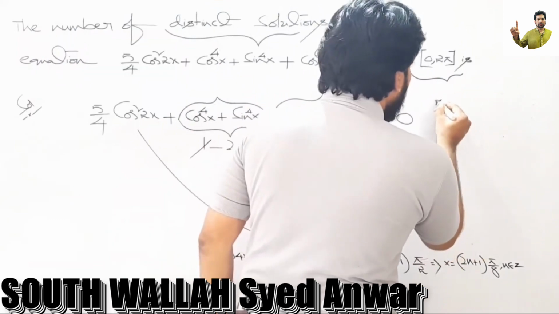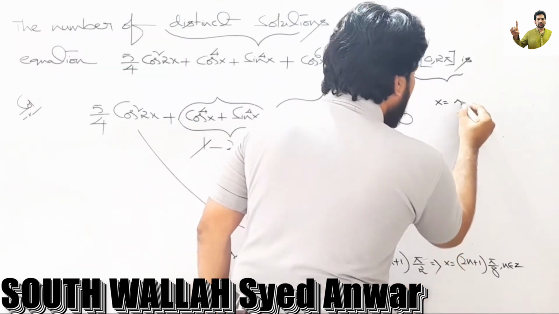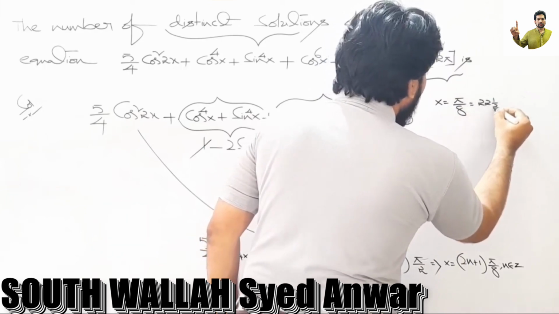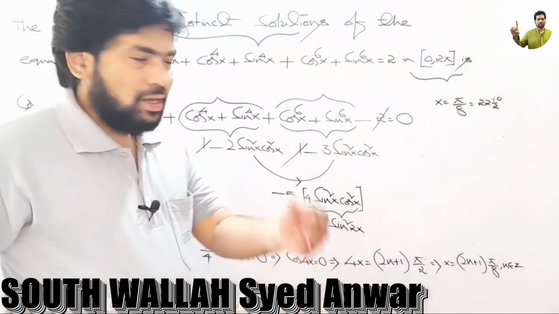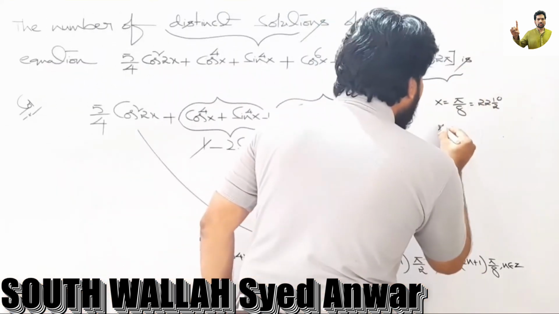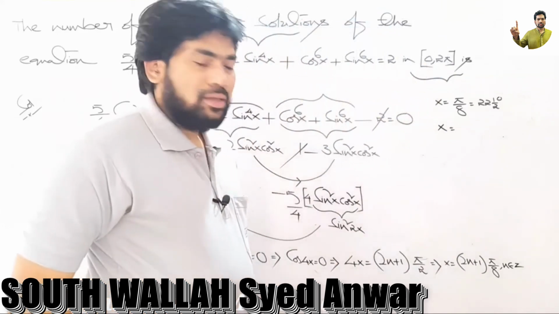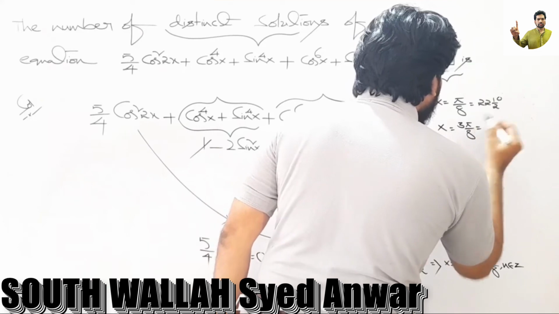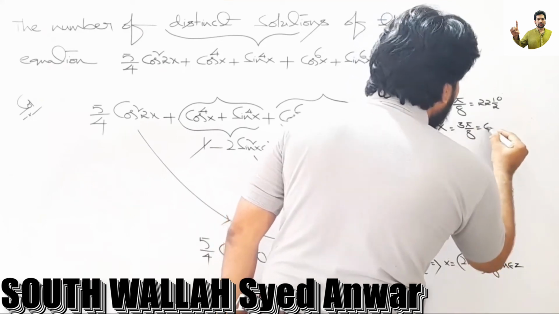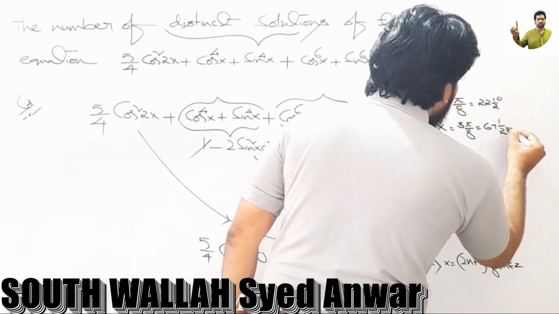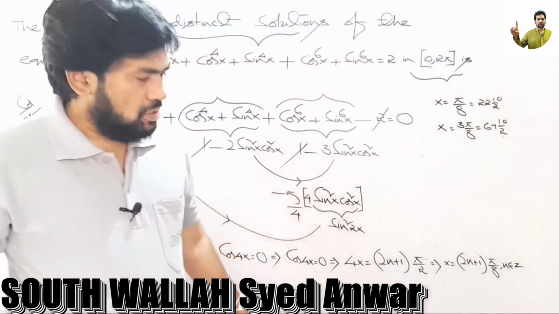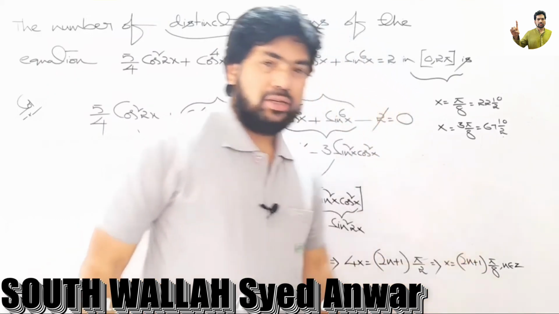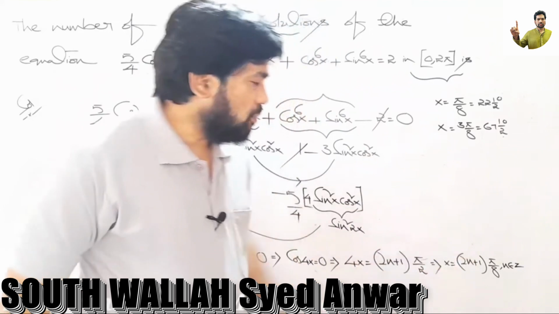Then x is equal to π/8. So π/8 is nothing but 22.5 degrees. Next, if I write n = 1, it is going to be 3π/8, that is 3 into 22.5 degrees, which is 67.5 degrees. So that means we are getting odd multiples of π/8 here.